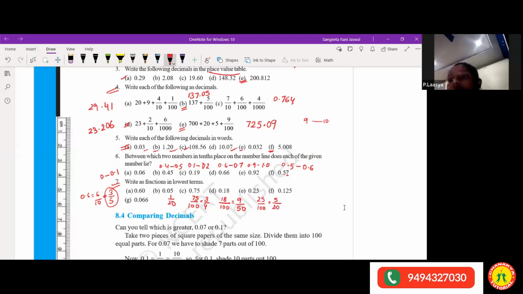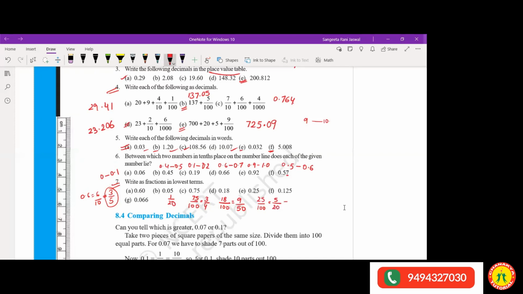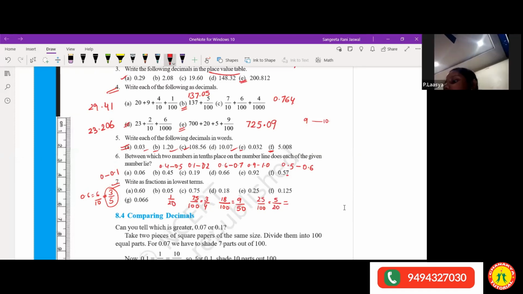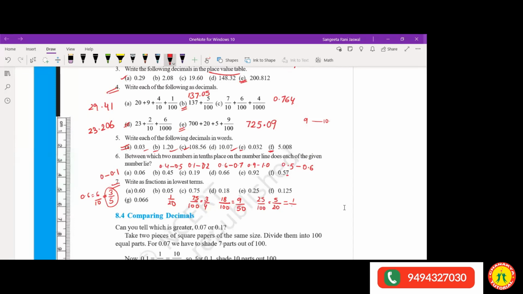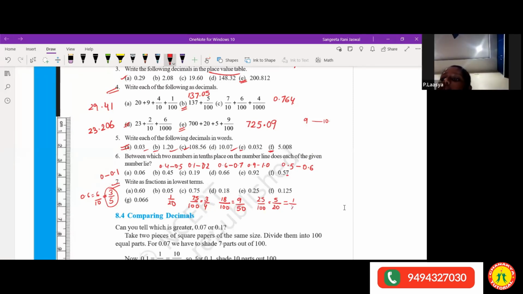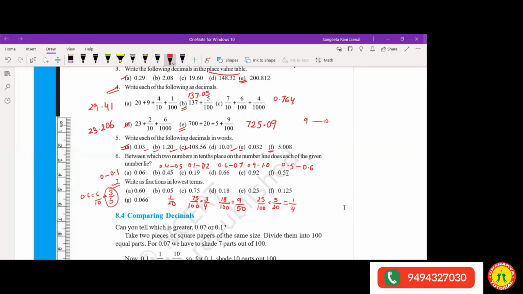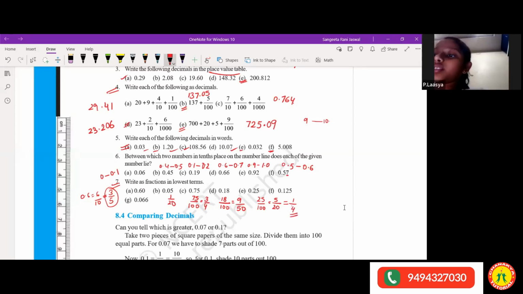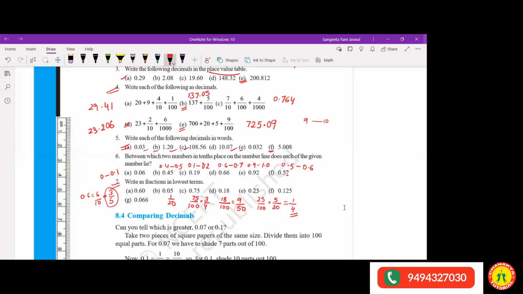Now we can divide again by 5. 5 ones are 5, and 5 fours are 20. So 1 by 4 is the lowest form. I wrote 1 by 4. Yes, so that was right. We can't reduce it further.